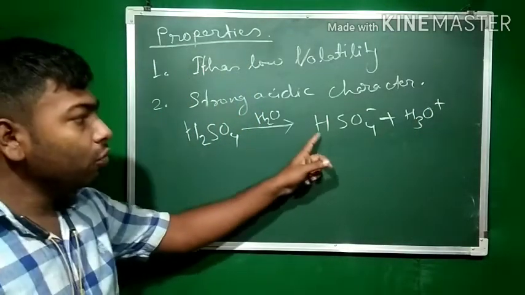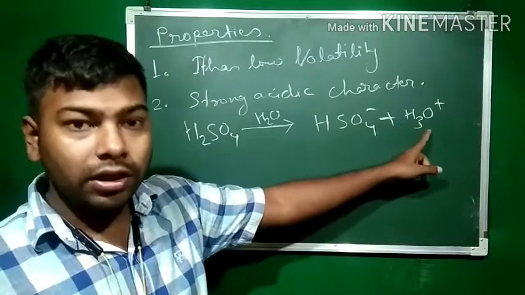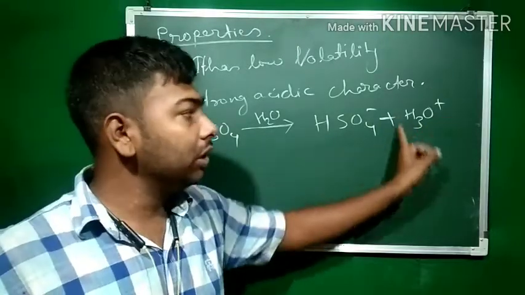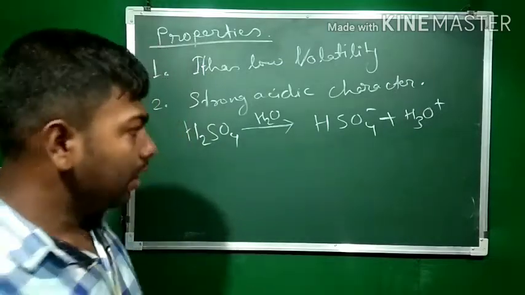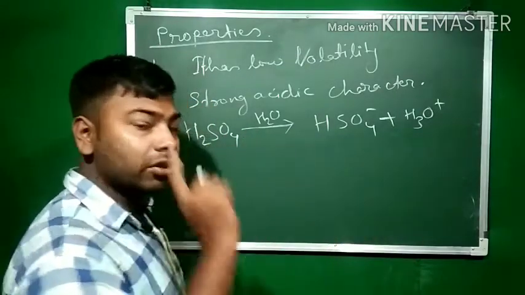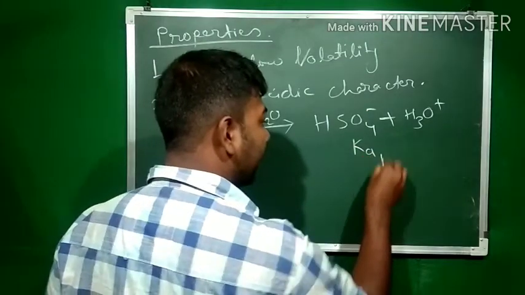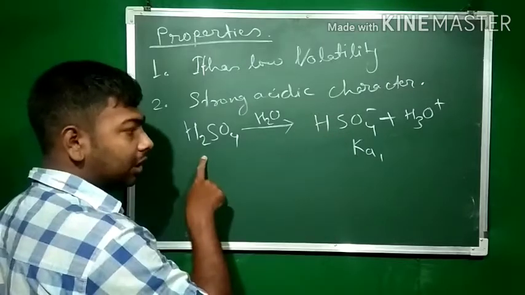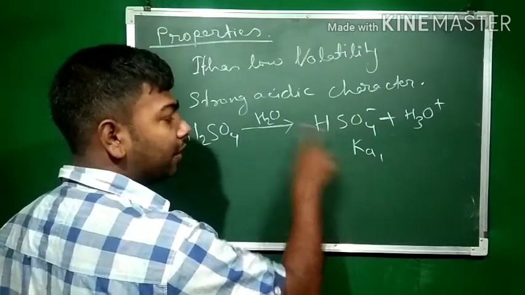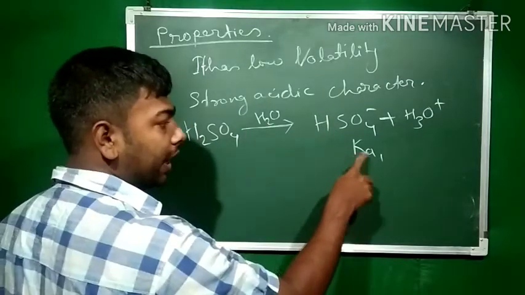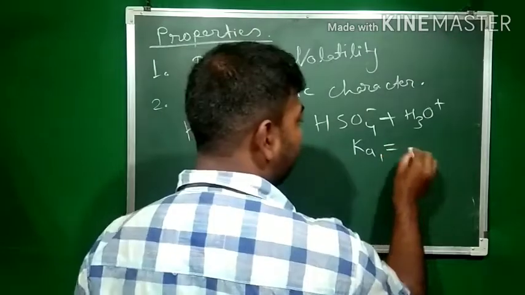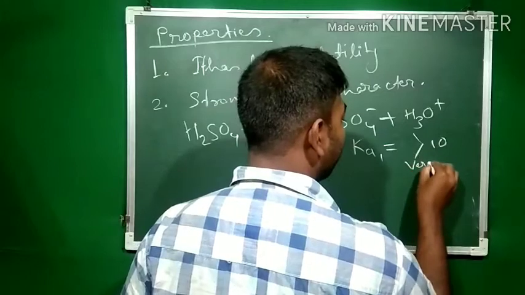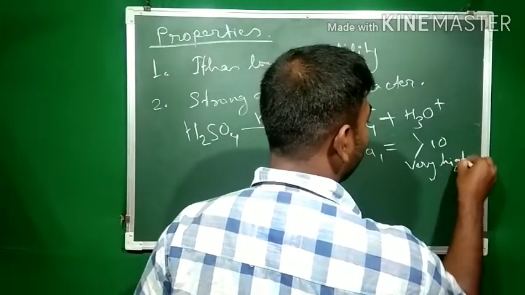That means one hydrogen, one proton, is transferred to water to produce this hydronium ion. Now see here the dissociation constant, we are writing Ka1. K means dissociation constant, A for acid and 1 for the first hydrogen. That's why Ka1. It is obtained that it is more than 10, which is very high.